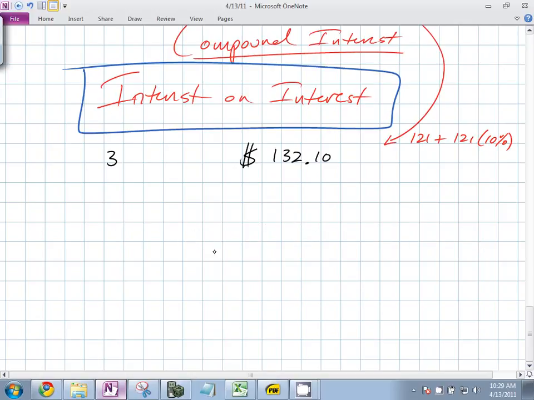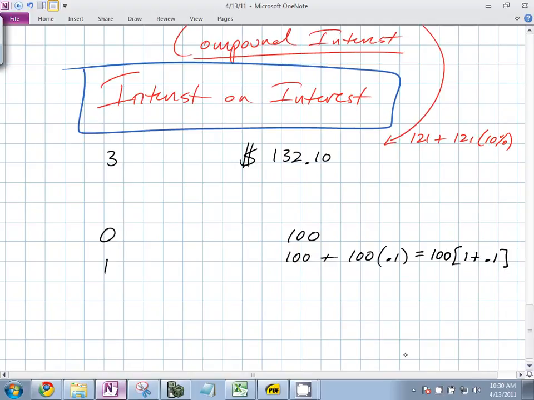Meaning, after 0 years you have 100. I'm going to do the same chart, but we're going to write it a little differently. After 1 year you have 100 plus what? 100 times what? 0.1, right? What's in both of these terms? 100. So what does that equal? 100 times 1 plus 0.1, correct?